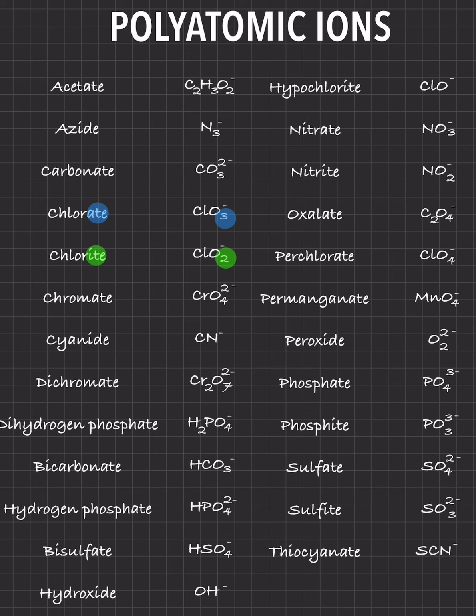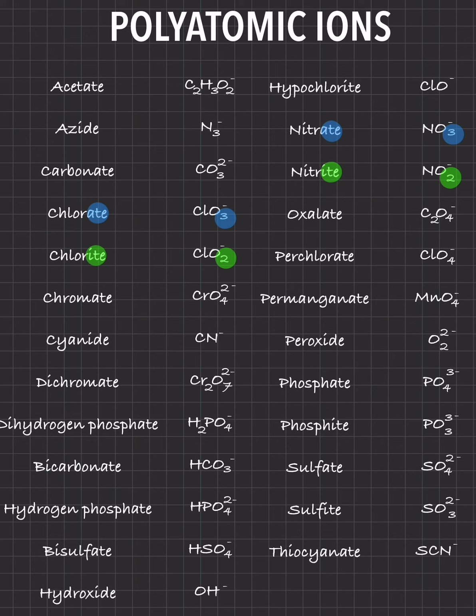Another example of what I just told you is nitrate, NO3, and nitrite is going to be NO2. Now, another thing I want you to notice, bouncing back to the chlorates: chlorate is ClO3 minus, chlorite is ClO2 minus.